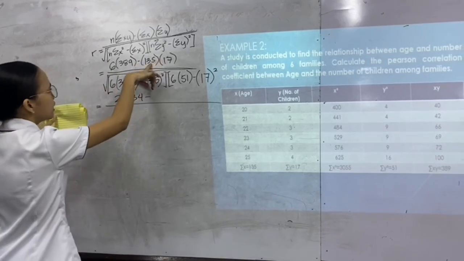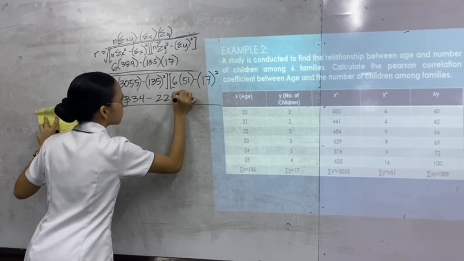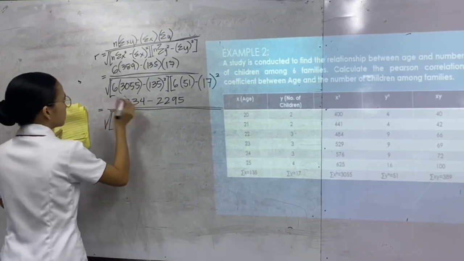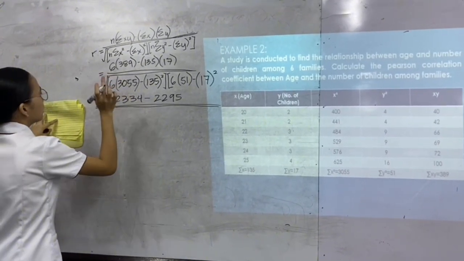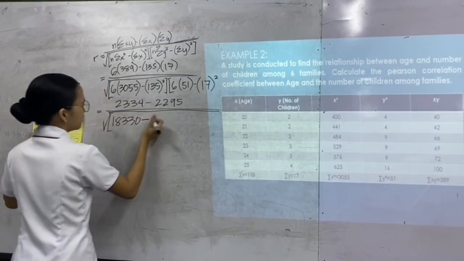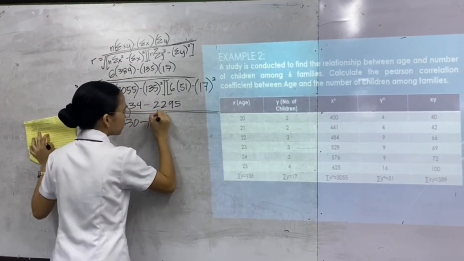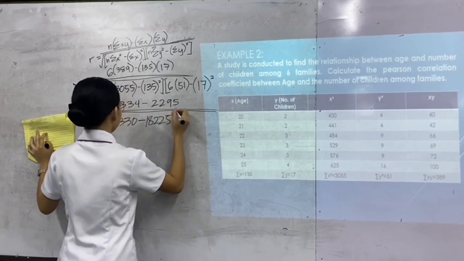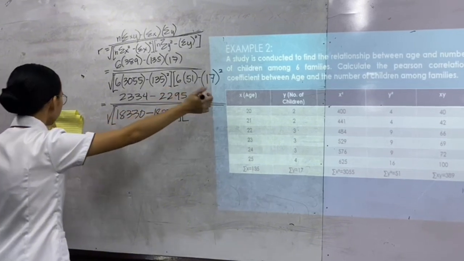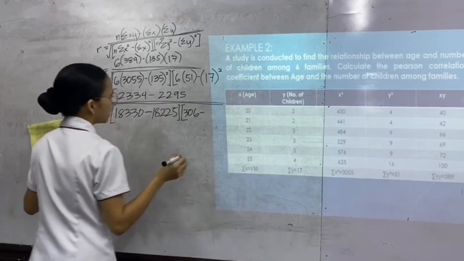And 135 multiplied by 17 is 2,295. Square root: 6 multiplied by 3,055 is 18,330, subtracted by 135 raised to the second power, which is 18,225. 6 multiplied by 51 is 306, and 17 raised to the second power is 289.